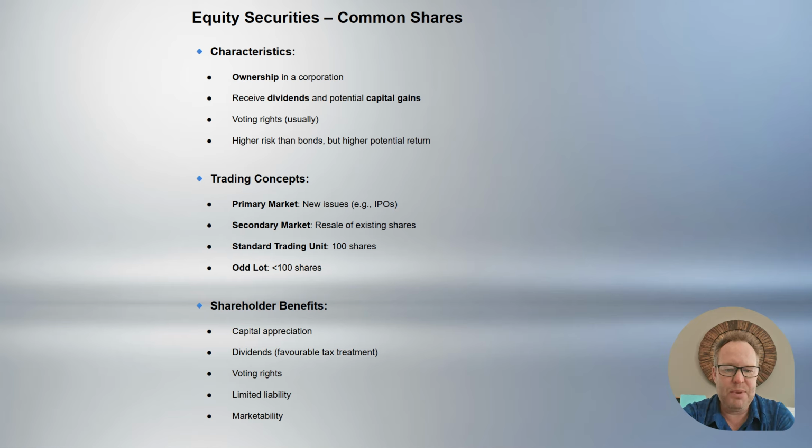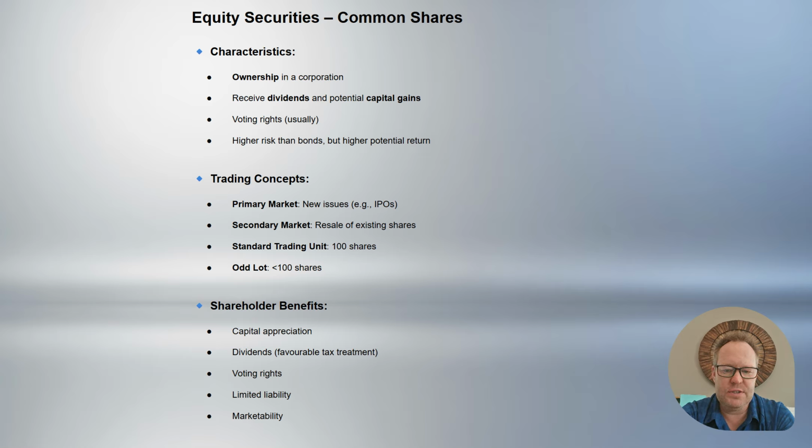An IPO, or initial public offering, is when a company for the first time decides to issue ownership, or issue shares, of their corporation. Once they are issued and have been bought from the primary market, they would only be bought and sold through the secondary market. It's the resale of existing shares that were first issued on the primary market.